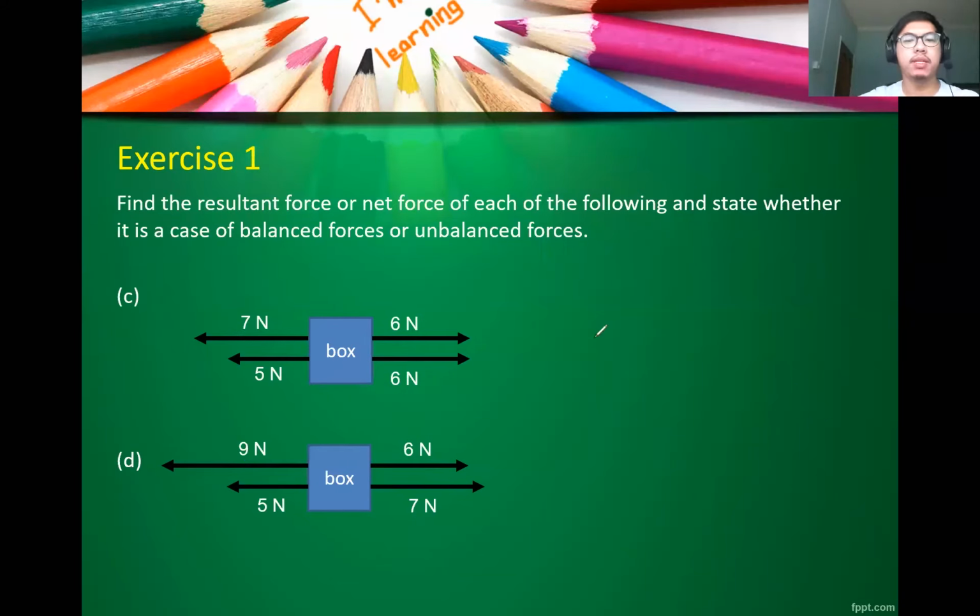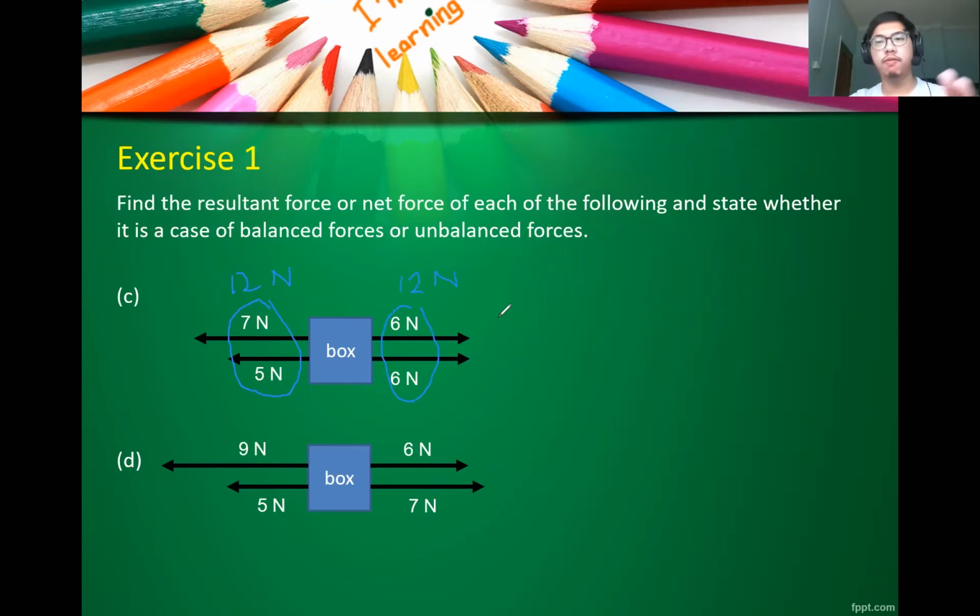For example C, you have 7 and 5 Newtons acting to the left. The total of these two, 7 plus 5, is 12 Newton to the left. And then 6 plus 6 to the right, so the total of that is also 12 Newton.